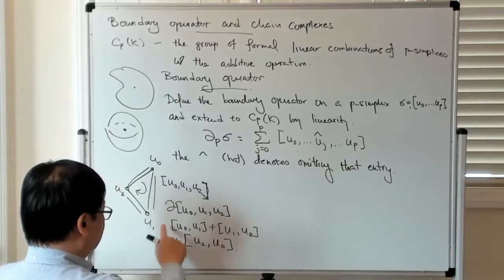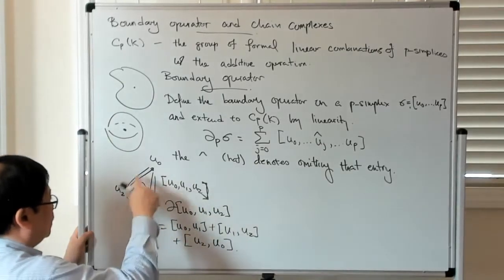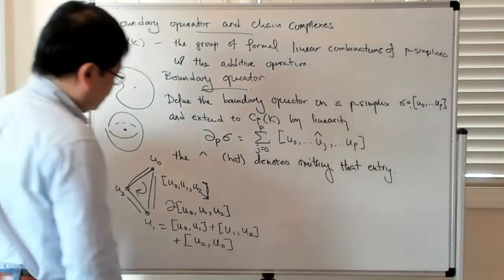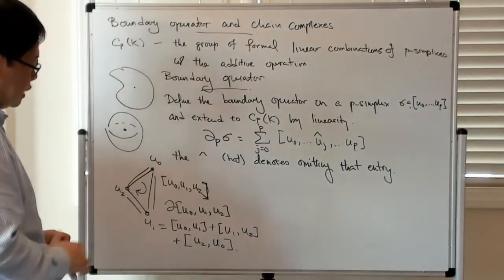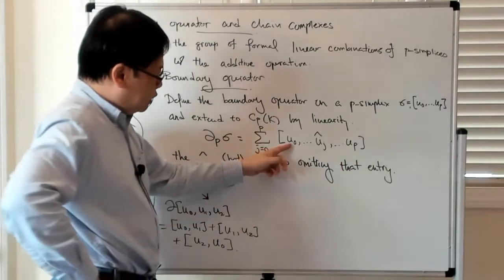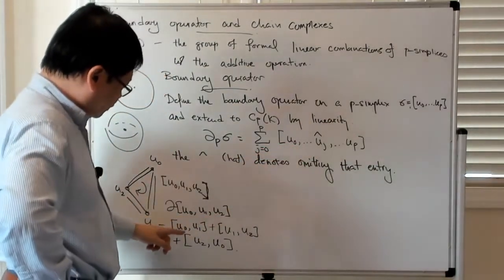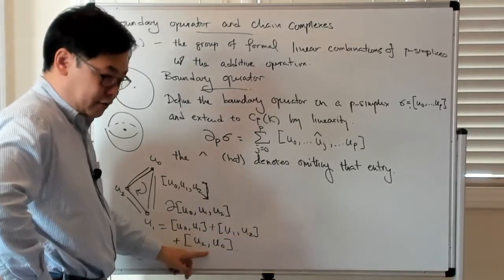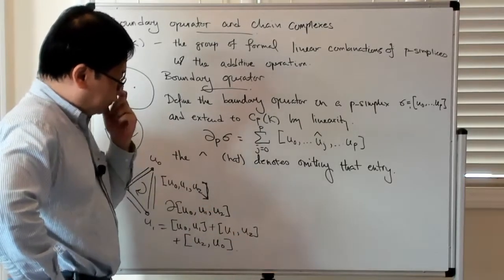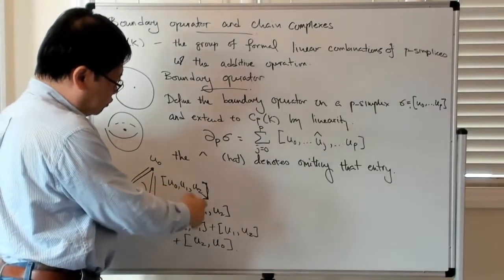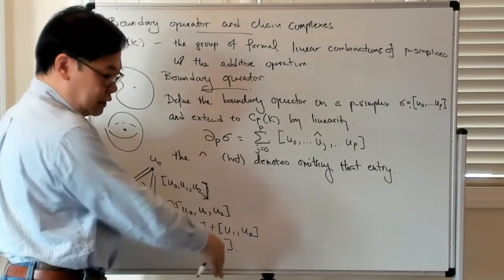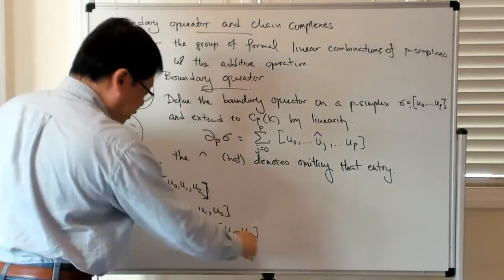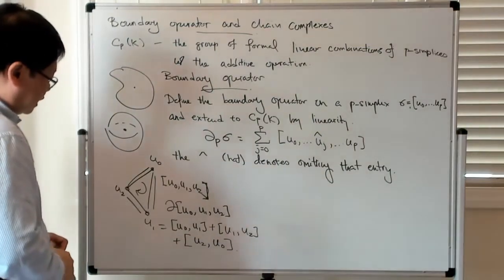That's quite natural. The boundary of the simplex is just the codimension 1 faces. So in here I've omitted u2, here I've omitted u0, here I've omitted u1. These terms come from looking through u0, u1, and u2, and individually deleting one of those vertices to get a lower-dimensional simplex. That's basically what's happening.